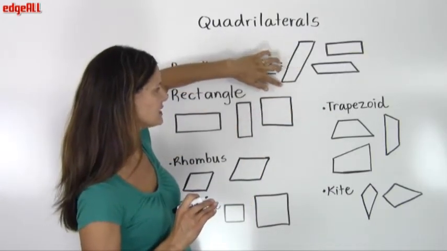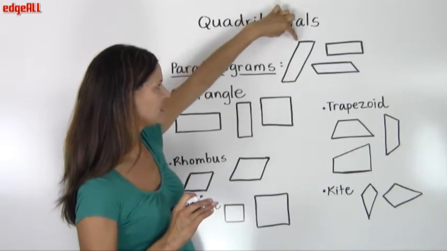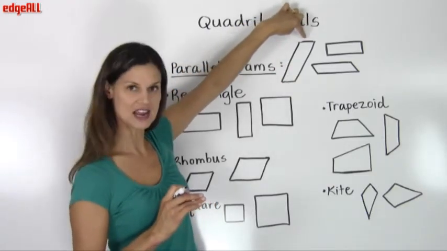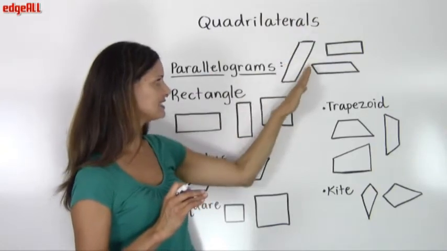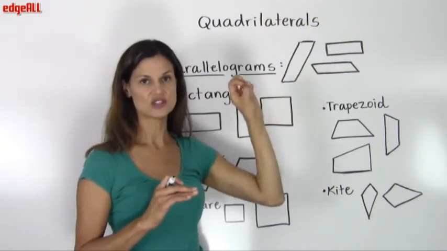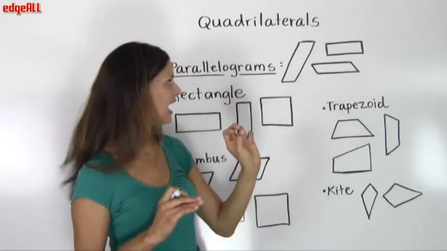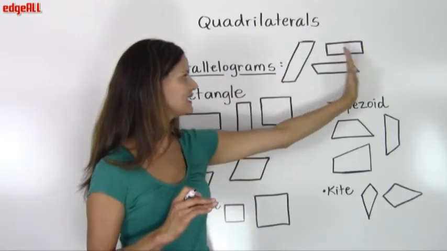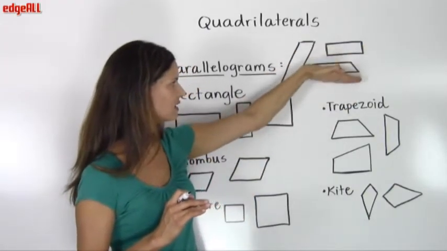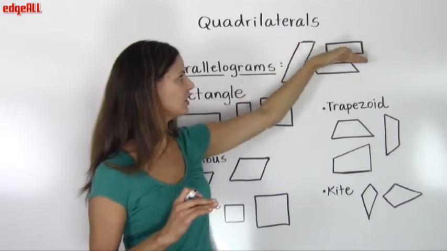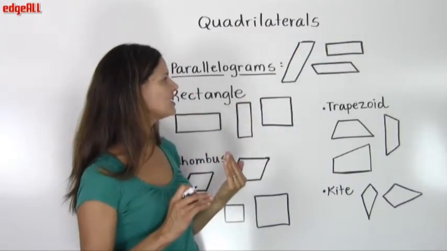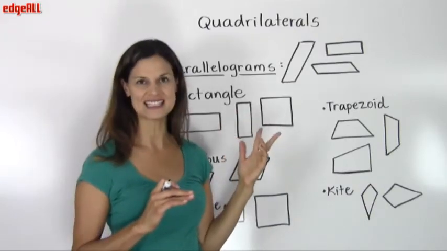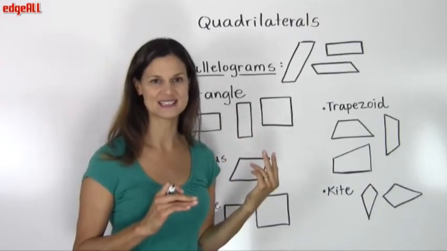So this side here is parallel to its opposite side here, and this side here is parallel to its opposite side here. So 2 sets of parallel lines. They can be slanted in whichever direction, they can be horizontal, they can be vertical, but a parallelogram is a shape in which we have 2 sets of parallel sides.